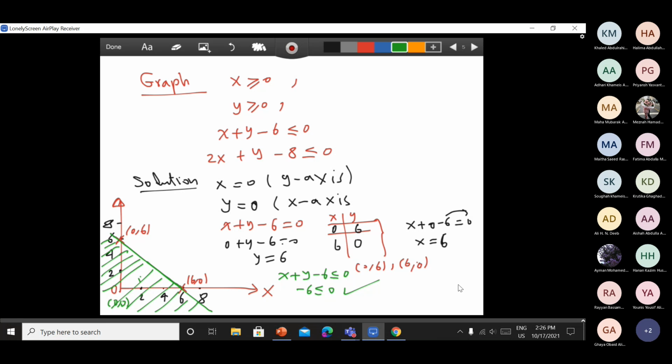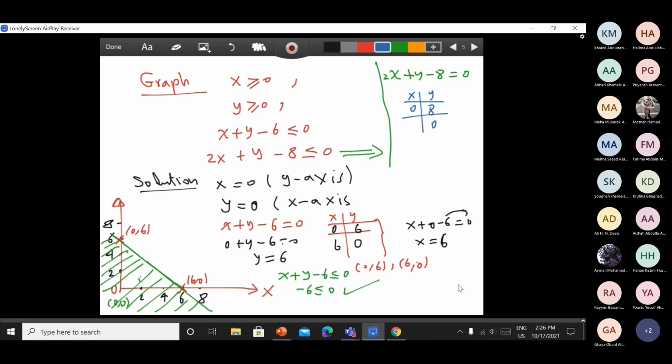Let's go for the other line, which is this one. Now I have 2x plus y minus 8 equal to 0. Yes, I can take 2 points, x and y. If I put x equal to 0, I have y equal to what? y equal to 8, yes.